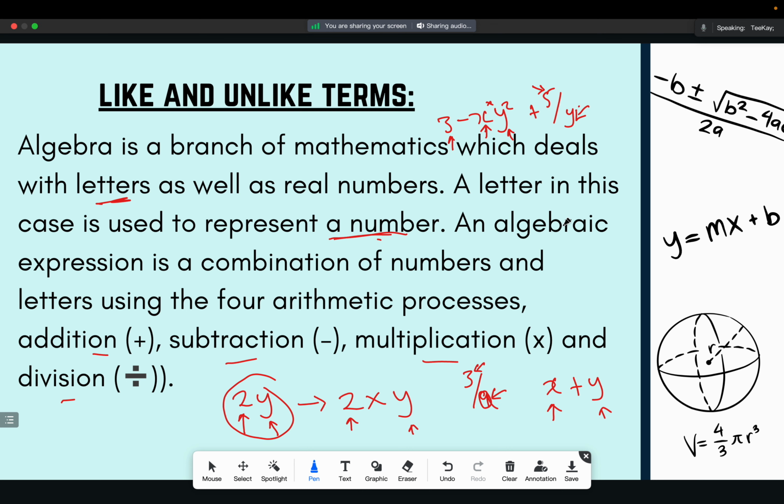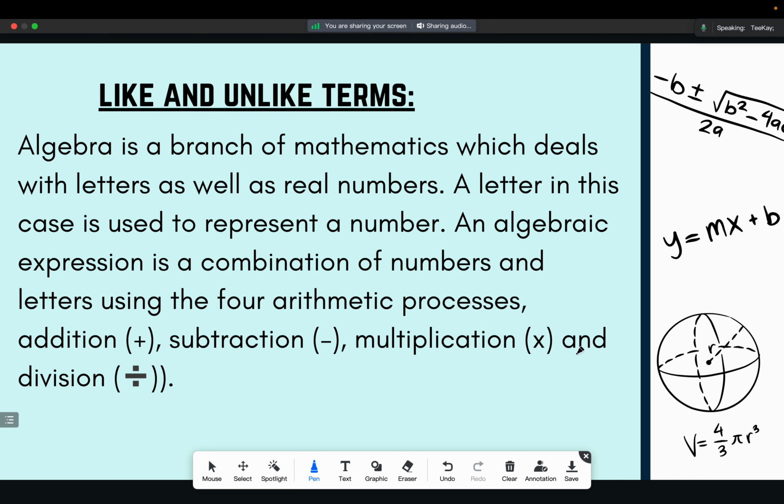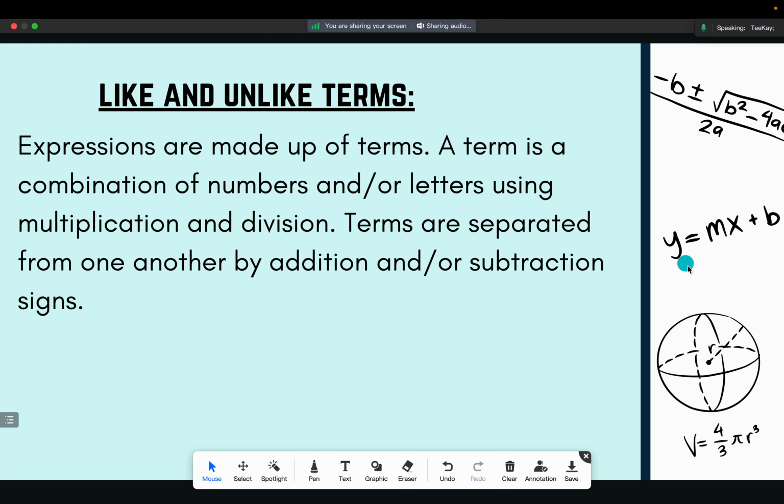So now that we know about that, when we talk about algebra, we have something called algebraic expressions. So, what is an expression? If you see the last expression I wrote, this is an example of an expression. An expression is made up of terms.